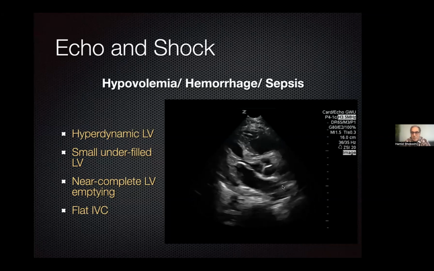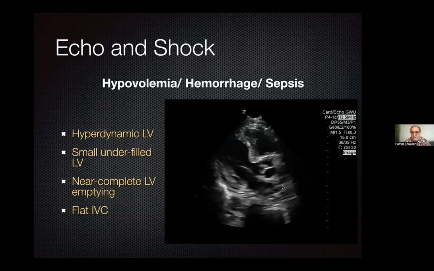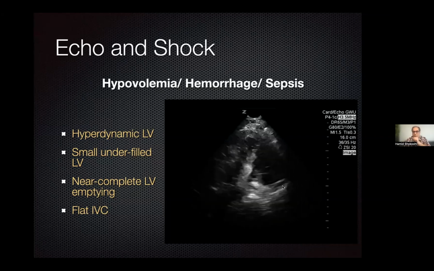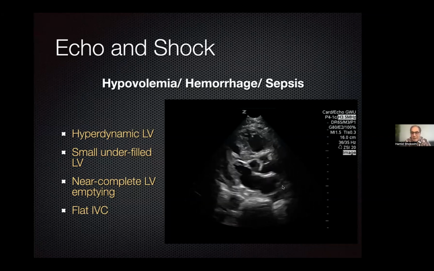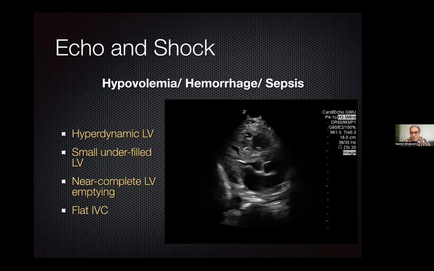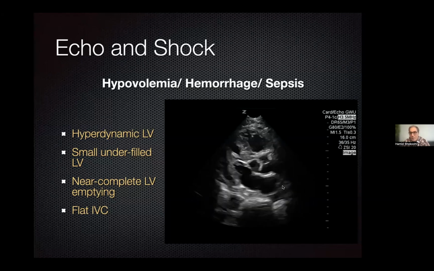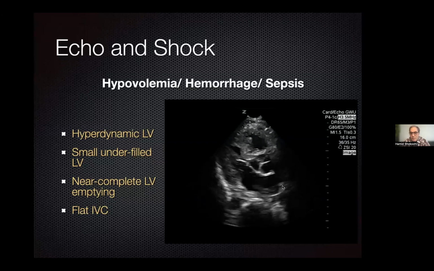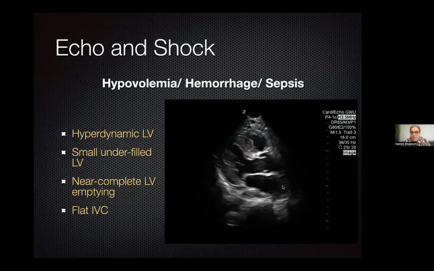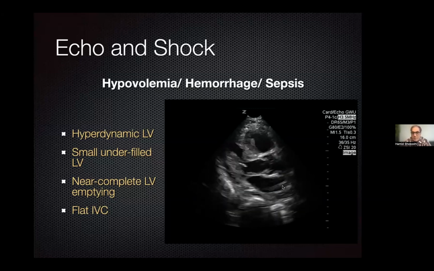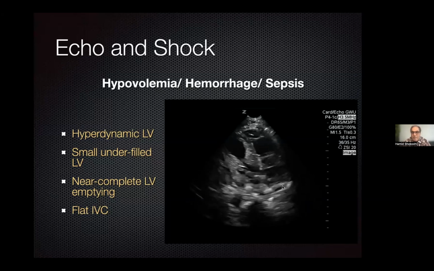Towards the end of systole, you see in this picture the free wall and septum kissing each other as a result of the over-emptying. So there is no residual in here. Everything is going out, but the patient is still in shock because this patient has an underfilled LV.